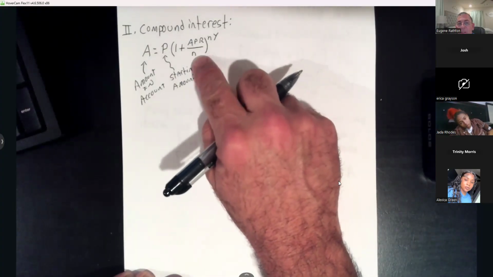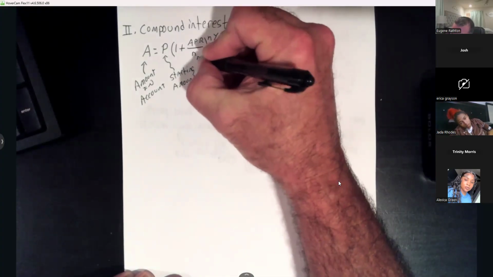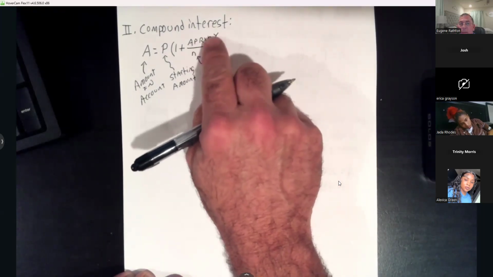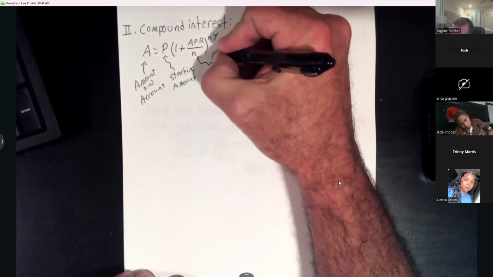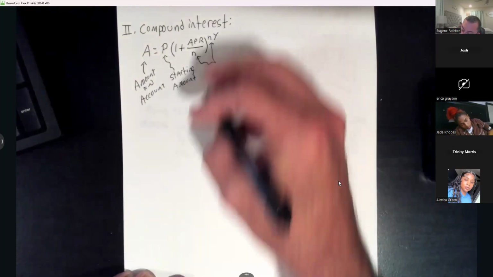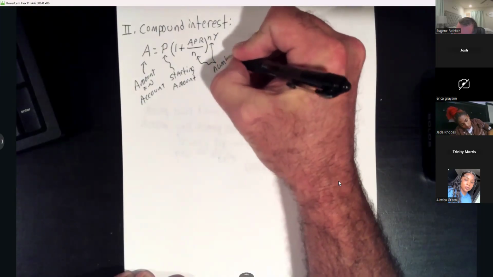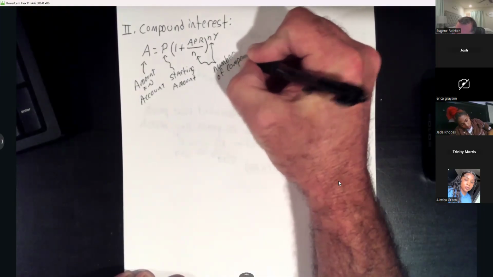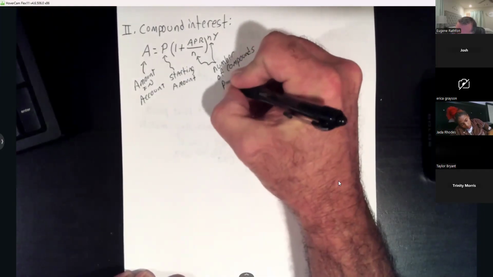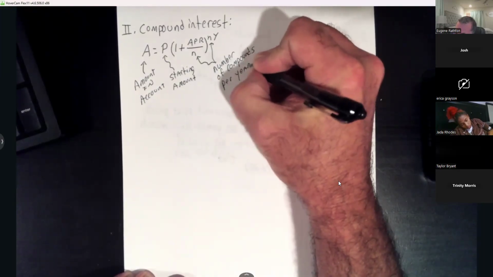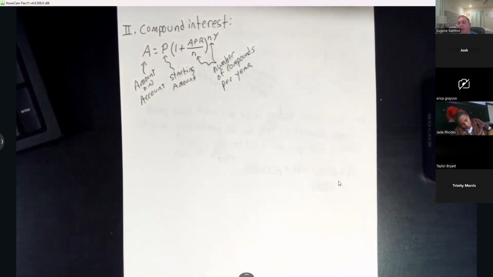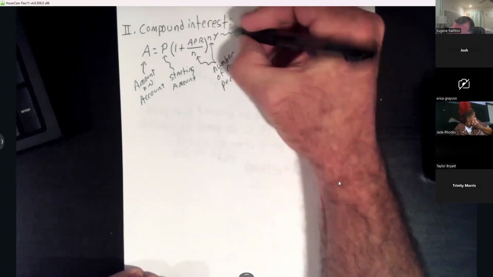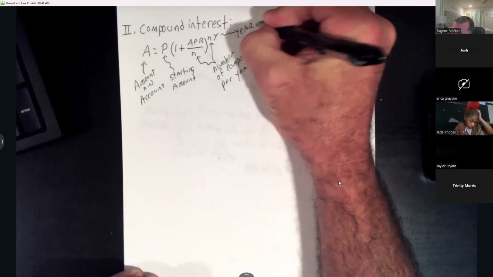So what's different now is this formula has the N here. N in both places. So this N is what we call the number of compounds per year. So this is when they do it more than once a year. And then y'all, Y is still the number of years.